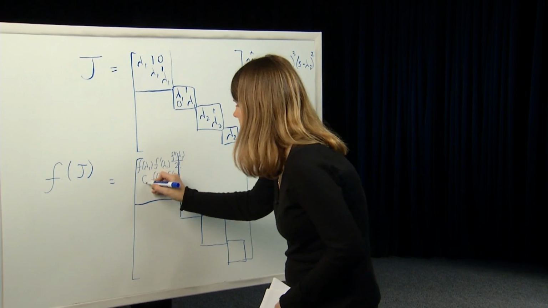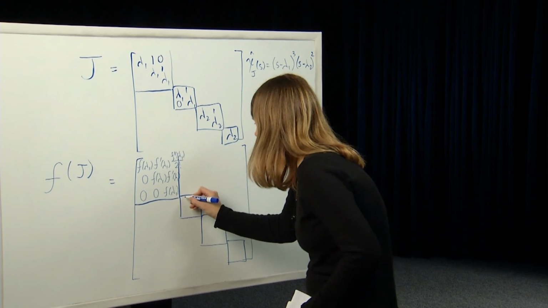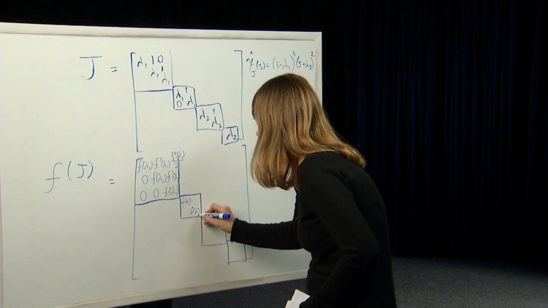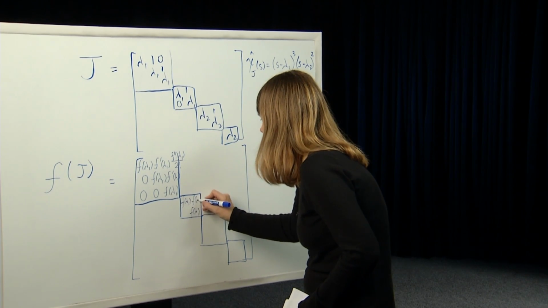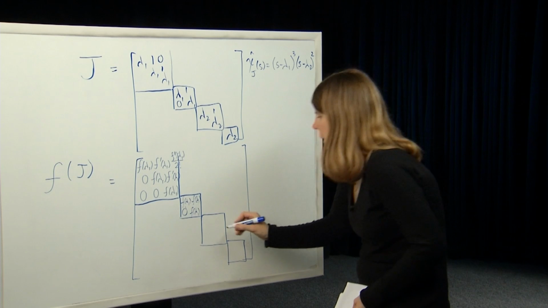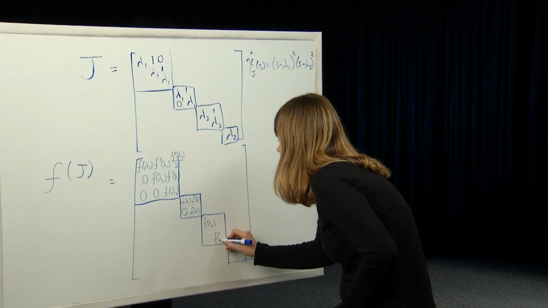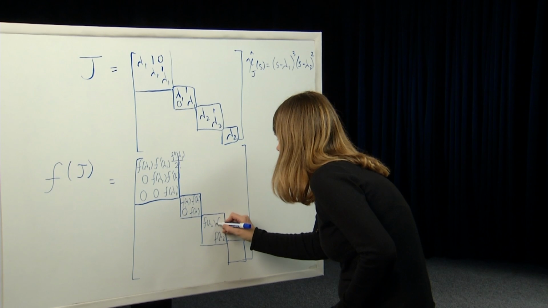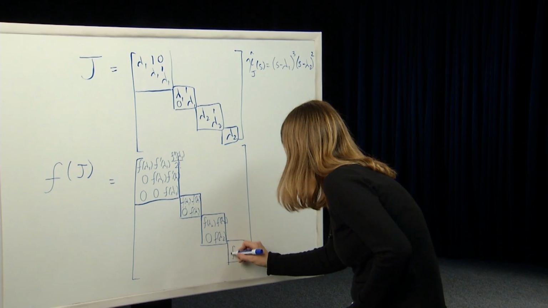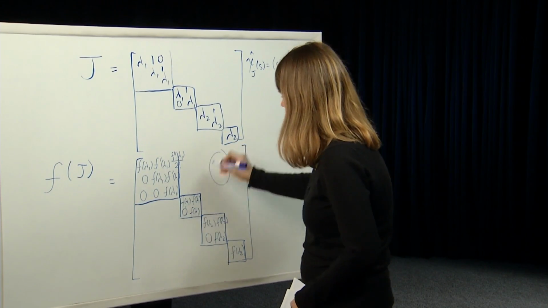Everything else here is 0. Similarly, we'll have again f of lambda 1 on the diagonals and f prime of lambda 1 on the superdiagonal, 0 here. Then f of lambda 2, f of lambda 2, f prime evaluated at lambda 2, 0, and then just f of lambda 2. Everything else is 0, so these are zeros.